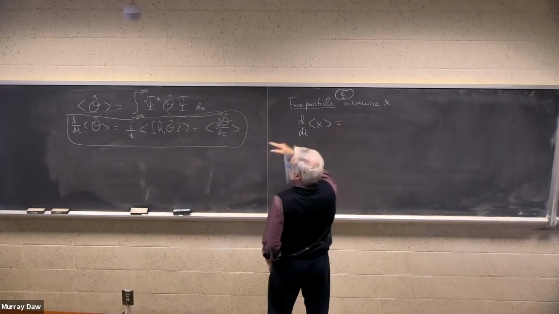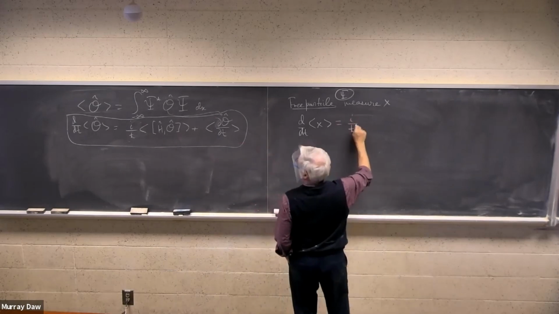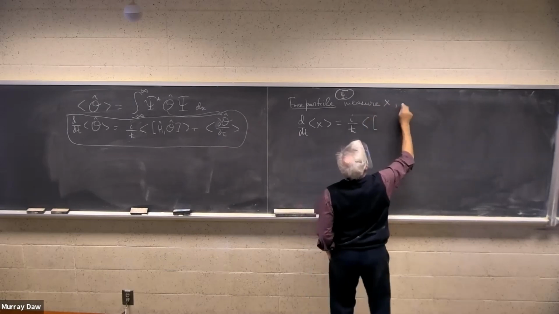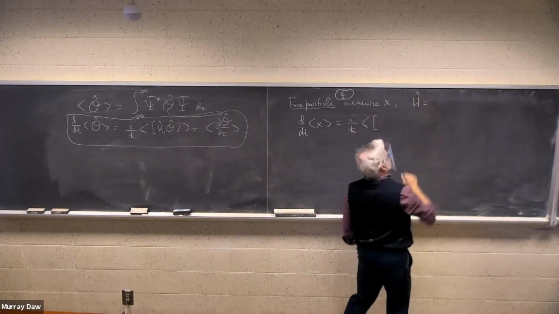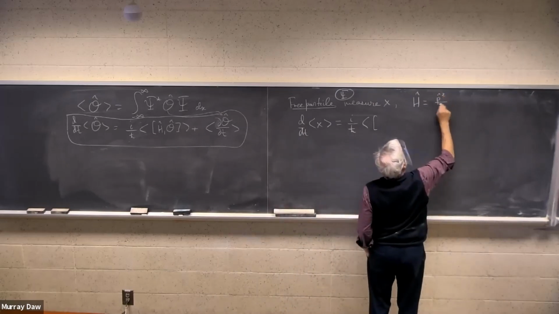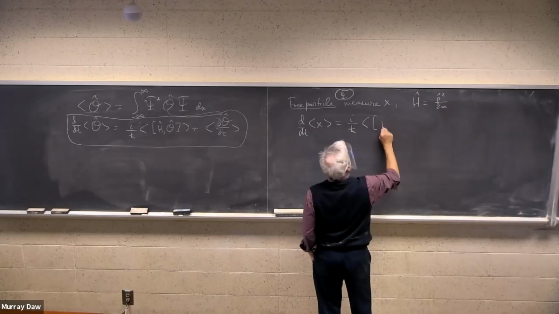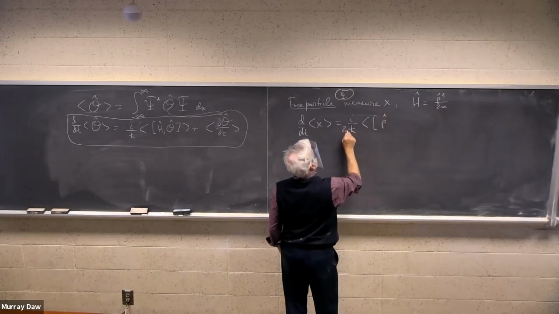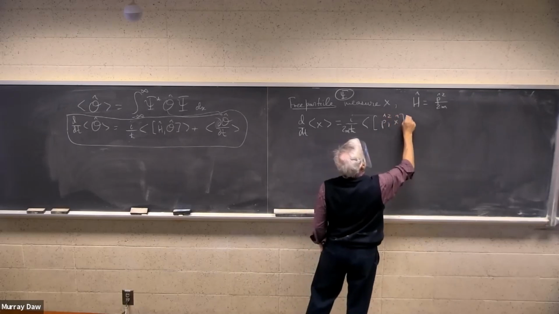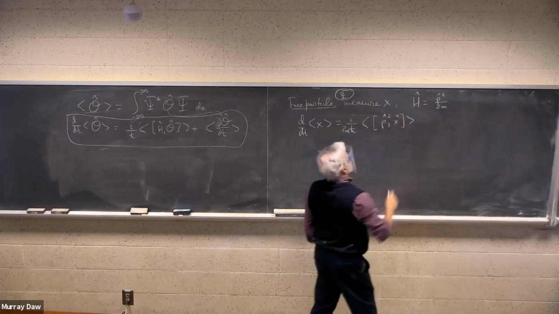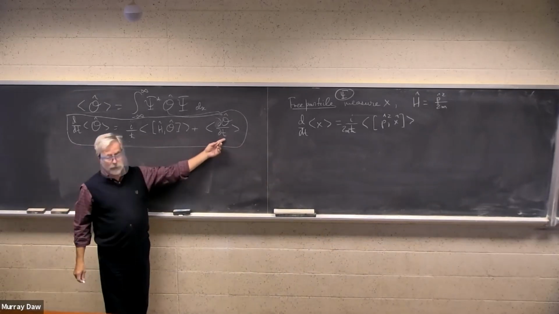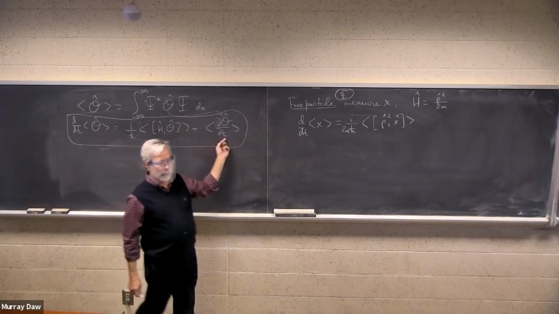Okay, so let's go and put this in here. And it's a free particle. So what's the Hamiltonian for a free particle? Just the kinetic energy, p squared over 2m. I'm going to bring out the 1 over 2m. There's no time derivative. x does not have an explicit time dependence, so the partial derivative of x is 0.